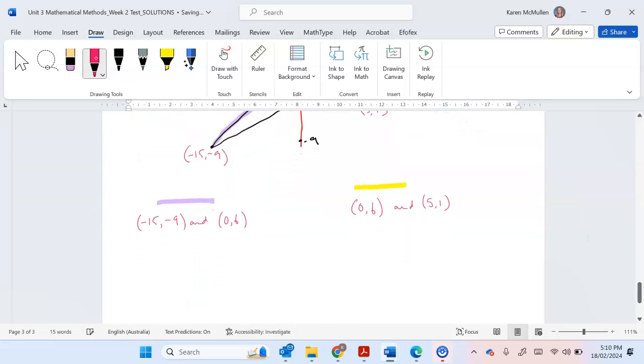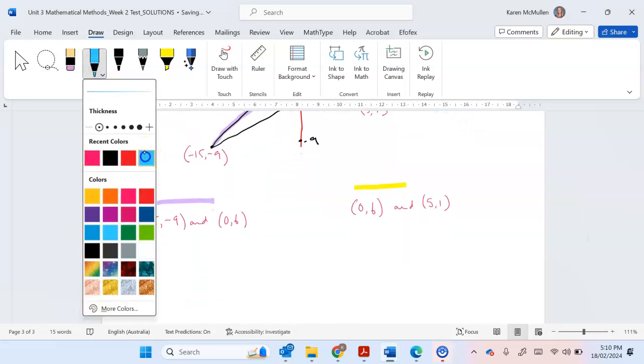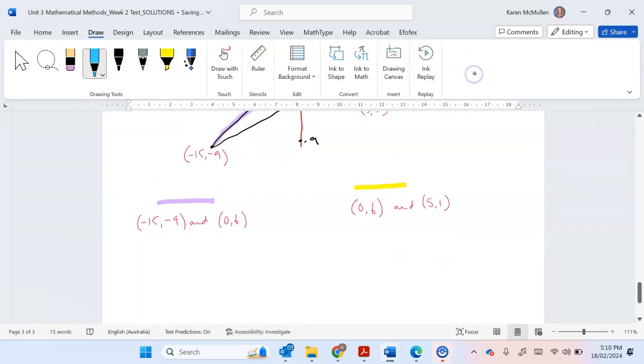Now your distance between 2 points formula, remember, comes from Pythagoras' theorem. So the distance is equal to x2, I don't know, sometimes it could be x1. Doesn't really matter which order you put it in, as long as you get the x and the y correct.